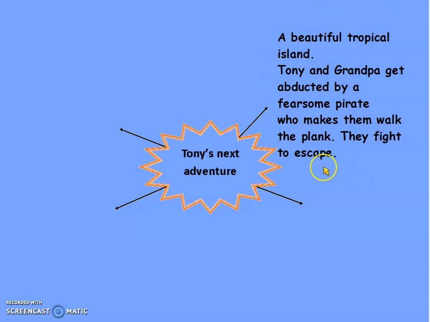That's just one of my ideas that I've brainstormed. But I would think of a couple more and add this to my mind map in my literacy book. I would like you to try and brainstorm 4 ideas for Tony's next adventure.